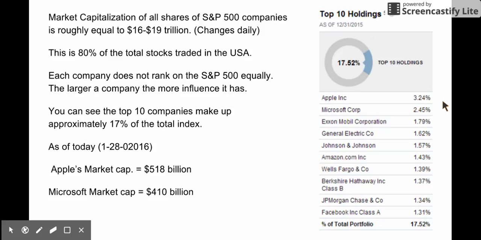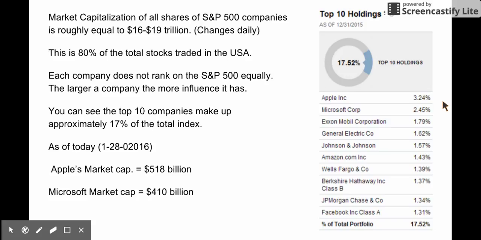This is a total, money-wise, of 80% of the stocks traded in the USA. And obviously you can see that different companies weigh more heavily in the S&P 500. So if Apple loses $100 billion for some reason, that will make a lot bigger dent than if another company loses a smaller amount of money.